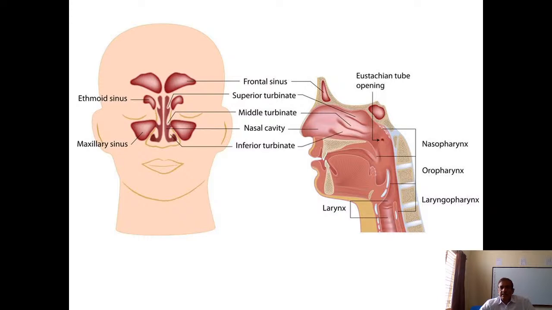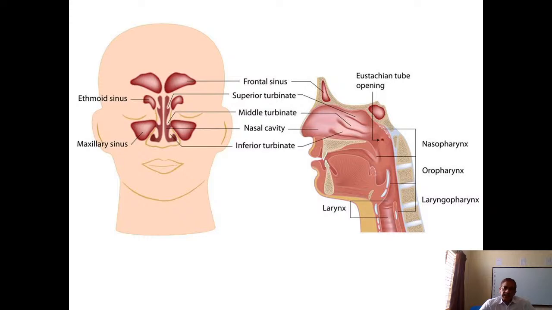In mucociliary clearance, the cilia which are present in the nasal cavity and also the lower respiratory tract are the ones which move the mucus. They move the mucus from front backwards, so there is a movement of the mucus from the nasal cavity to the nasopharynx.